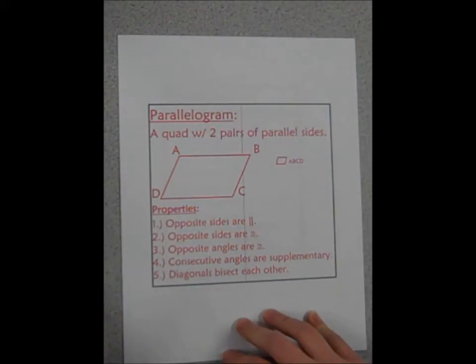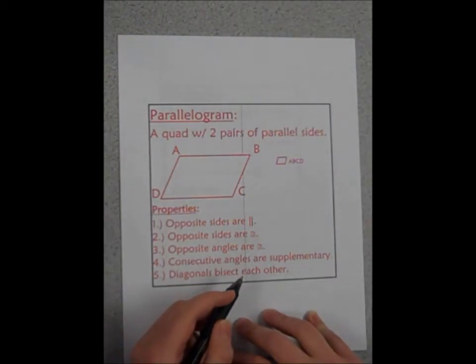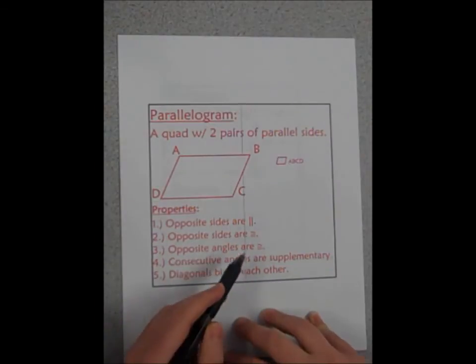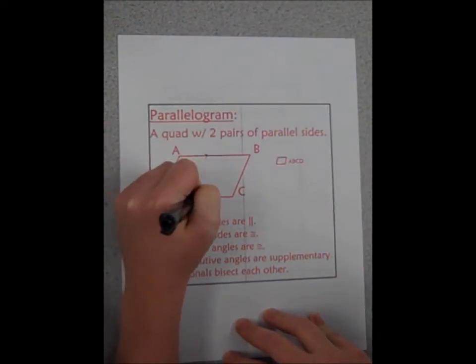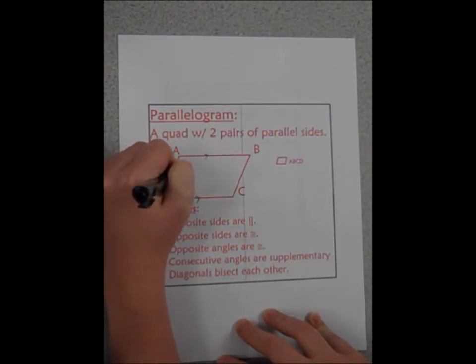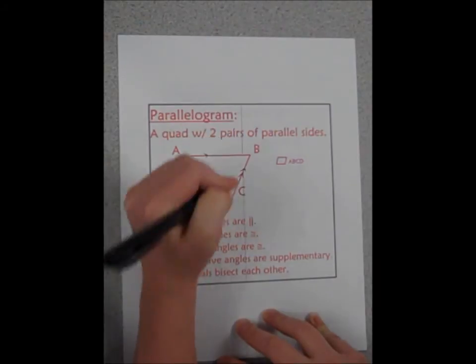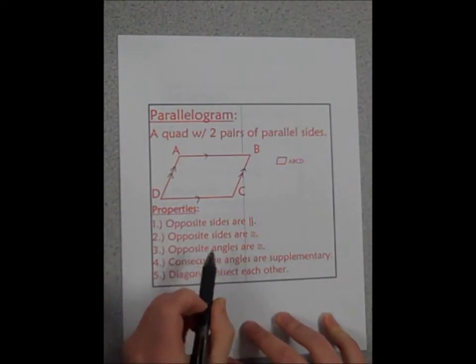A parallelogram has 5 properties. One of them is that the opposite sides are parallel, and we get that from the definition. So we're also going to add markings to our drawing as we go through the properties. So this side over here is parallel to his opposite side, as well as this side is parallel to his opposite side. That's the first good indication that you have a parallelogram.